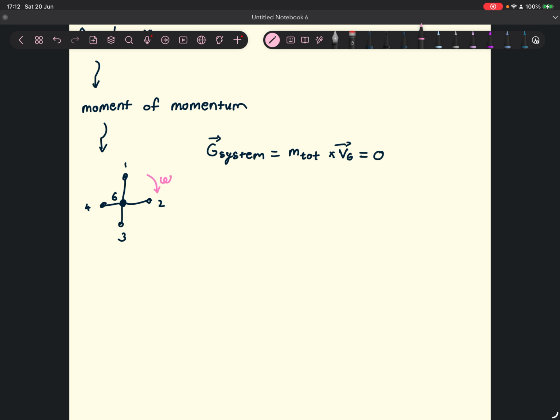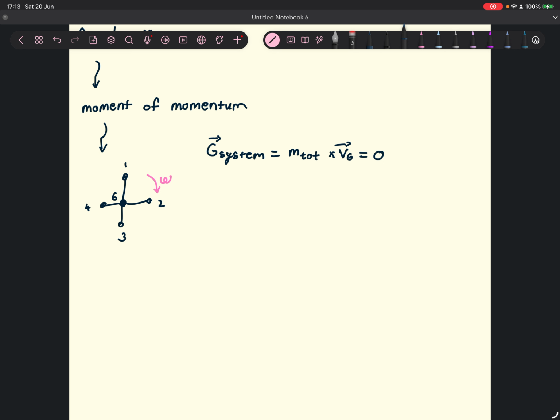And it does. It has angular momentum. So it doesn't have momentum in terms of it translating, moving right or left or up or down, right? It doesn't have momentum like that, but since it's rotating, it has some sort of momentum associated with it rotating. That rotational momentum, quote unquote, we call angular momentum.